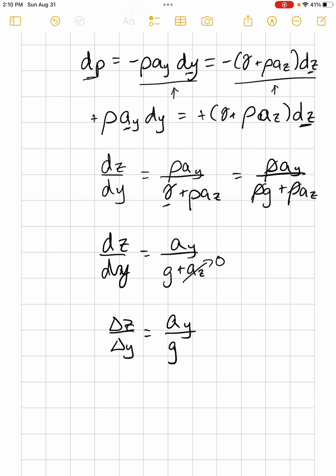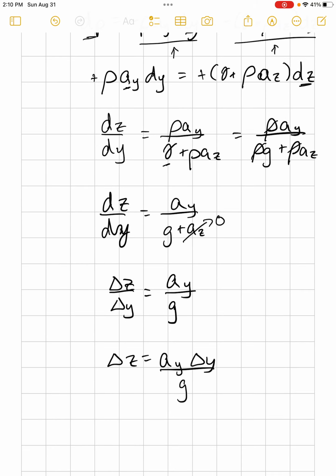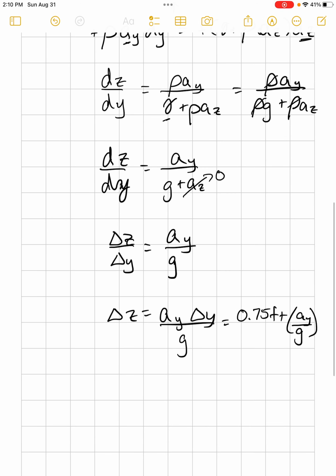So delta z will be equal to ay delta y over g. So that's going to be 0.75 feet times ay over g. Okay.